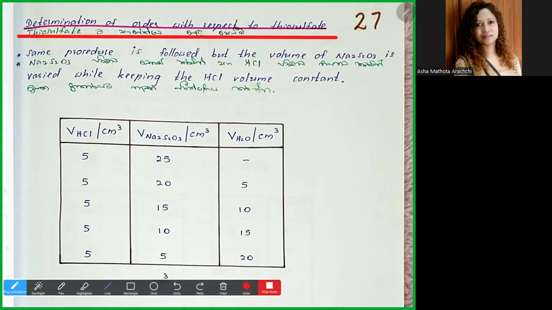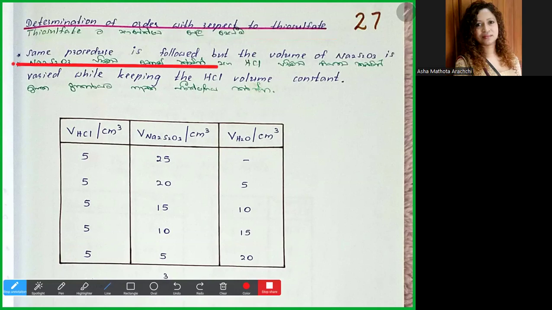Points. The same procedure is followed, but the volume of sodium thiosulfate is varied while keeping the HCl volume constant.